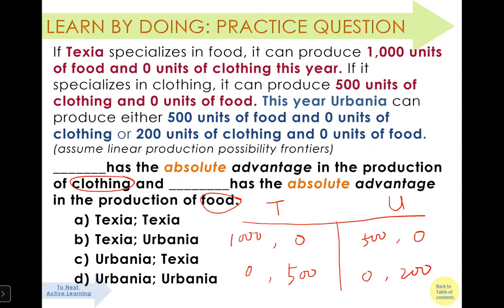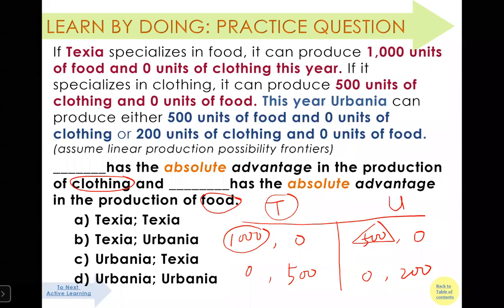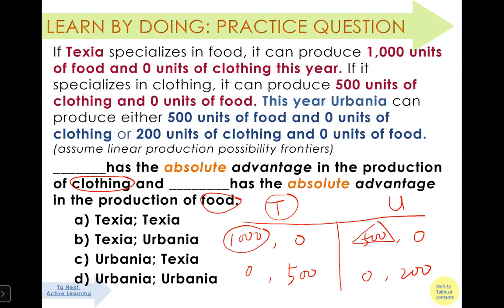From here, clearly Texia has absolute advantage in food because 1,000 is greater than 500, and in clothing because they can produce 500 versus 200 in Urbania.